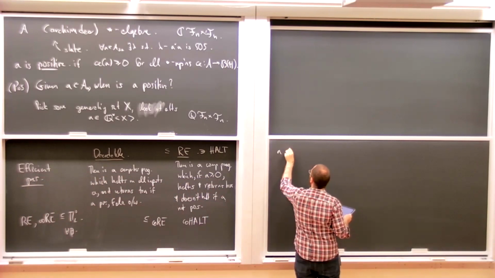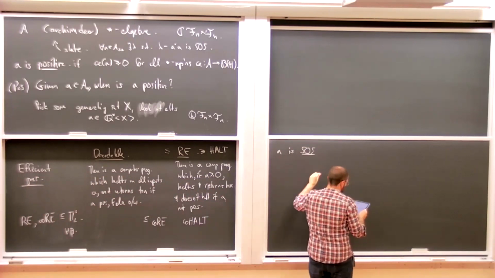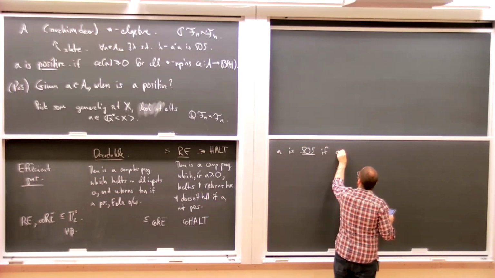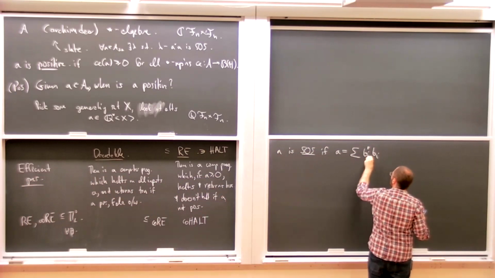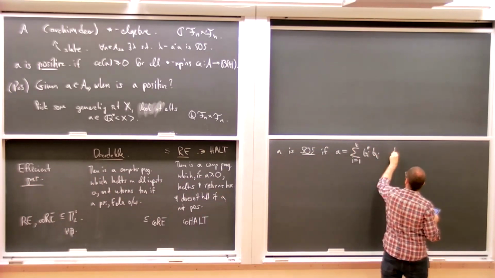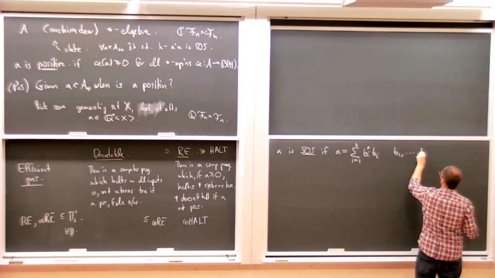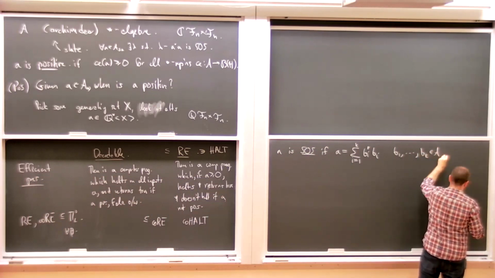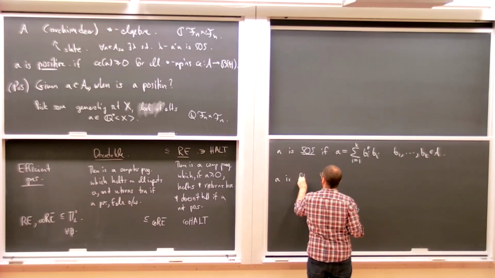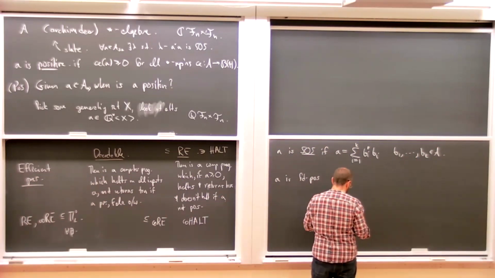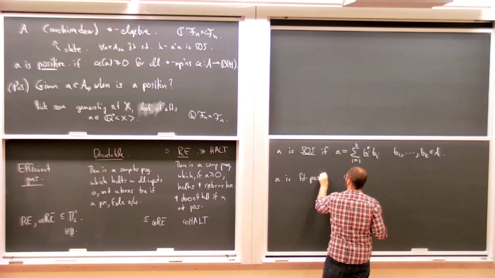So let's say A is a sum of squares. If A is a sum of Hermitian squares, and let's say A is, I'm not sure what the best term for this is. I kind of picked this at random when writing my notes here.